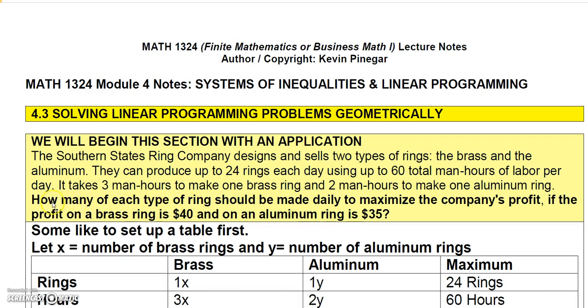Now again, here it tells you what the variable should represent: how many of each type of ring. So we'll let X be the number of brass rings that's manufactured, and we'll let Y be the number of aluminum rings that's manufactured.